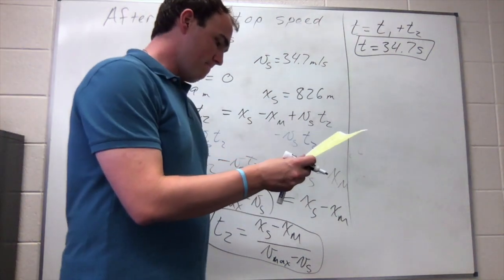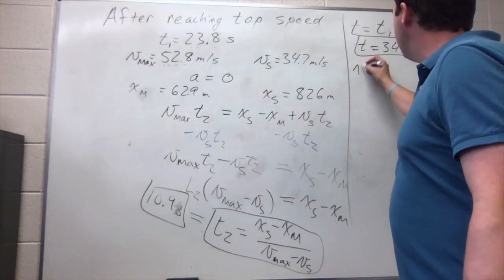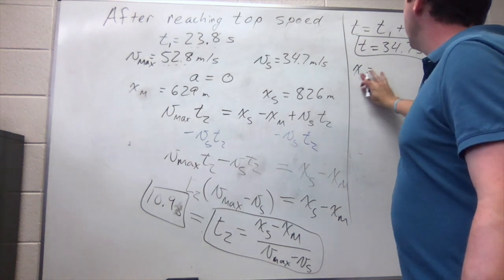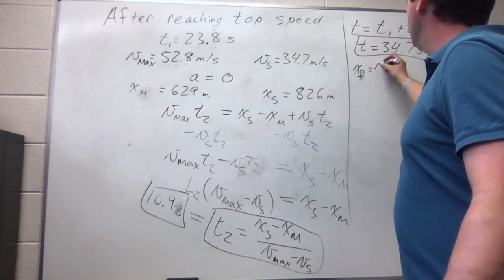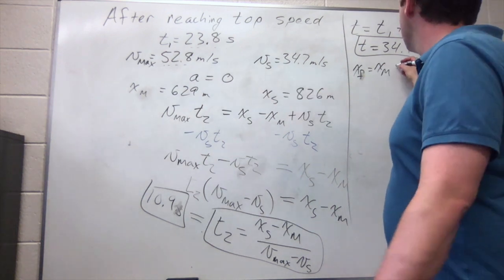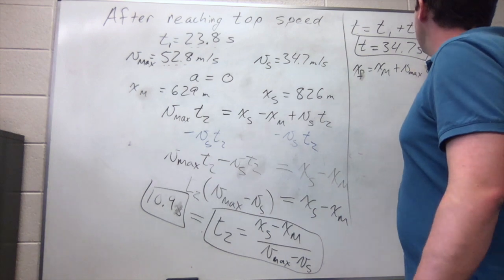So for instance, for Mermaid Man, X final was equal to XM, which was 629 meters, plus V max times T2.